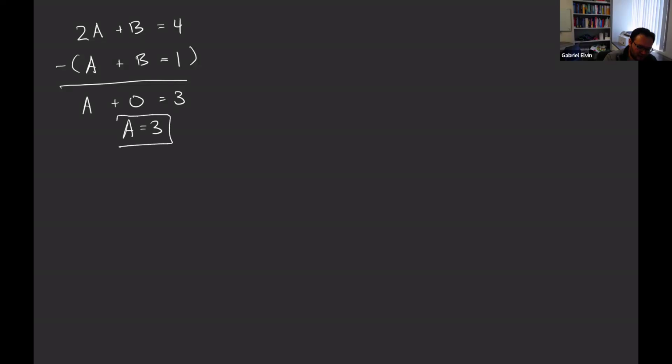Nice. And now that I have one of the variables out of a and b, I can get the other one just by plugging it into either equation. So if I plug this into a plus b equals 1, then I get 3 plus b equals 1. And so I get that b equals -2. Okay, so there we go. That's all three coefficients.